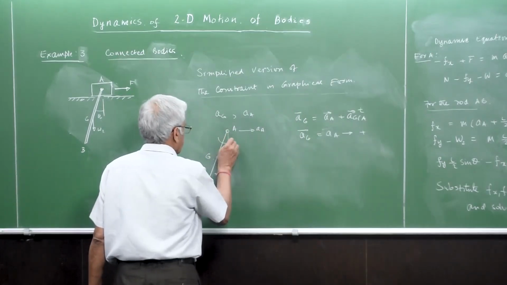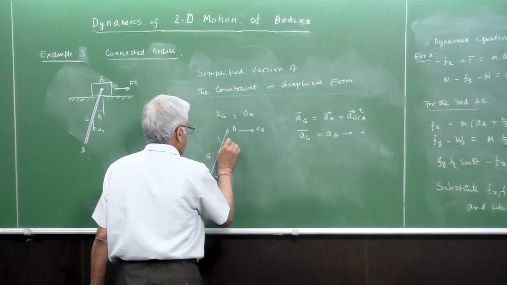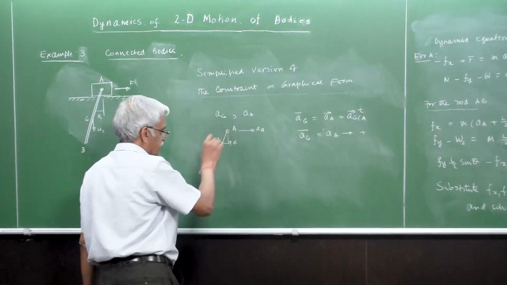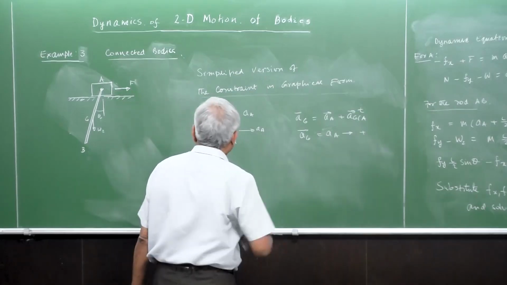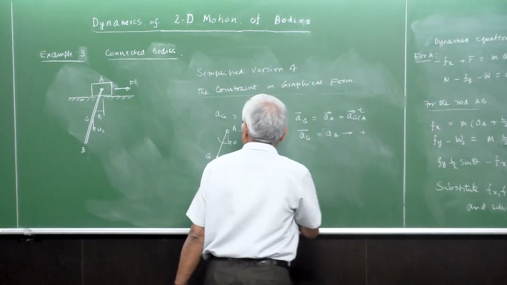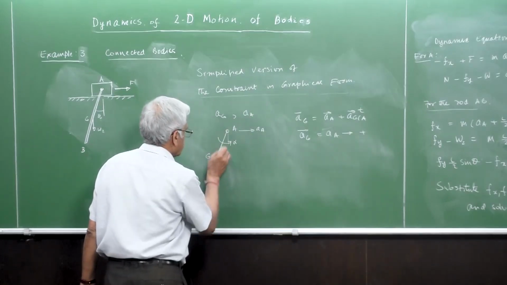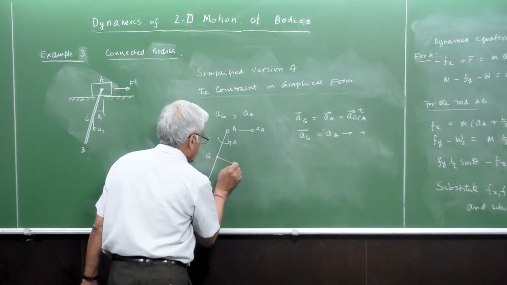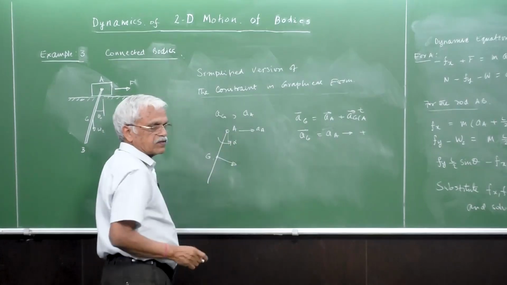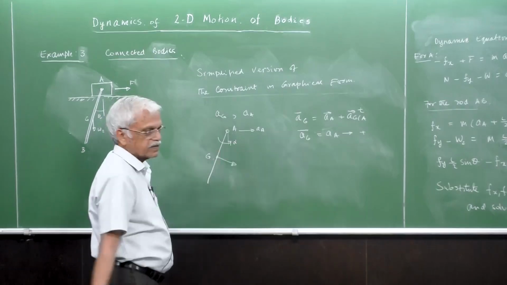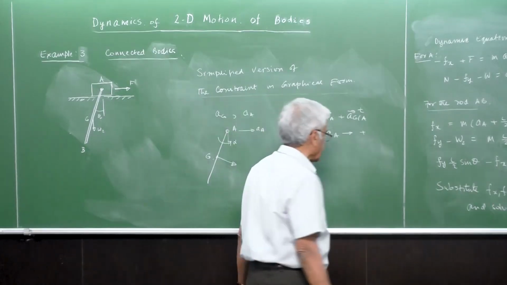Assuming that alpha is like this, that means alpha is counterclockwise. The acceleration of G with respect to A is obtained by assuming that A is stationary and looking at the acceleration of G given alpha as the angular acceleration.